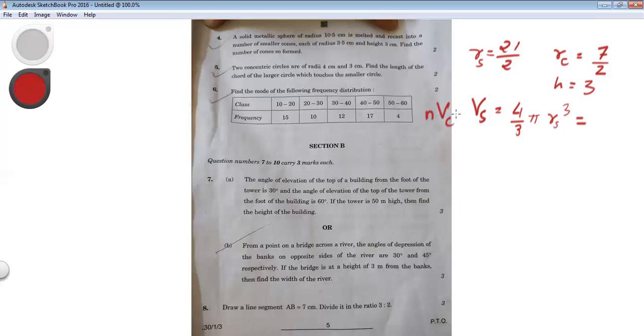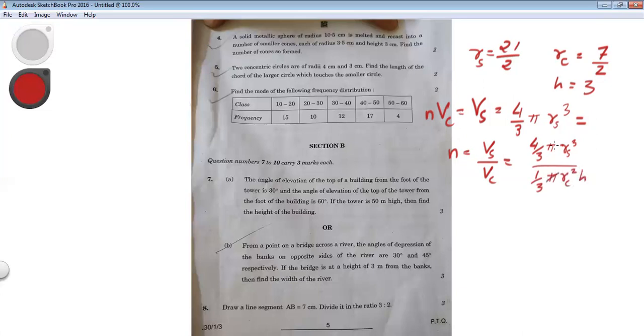So n is nothing but equal to Vs by Vc. That's it, simple. So Vs is nothing but 4 by 3 pi Rs cube, and the volume of a single cone is 1 by 3 pi Rc square h.